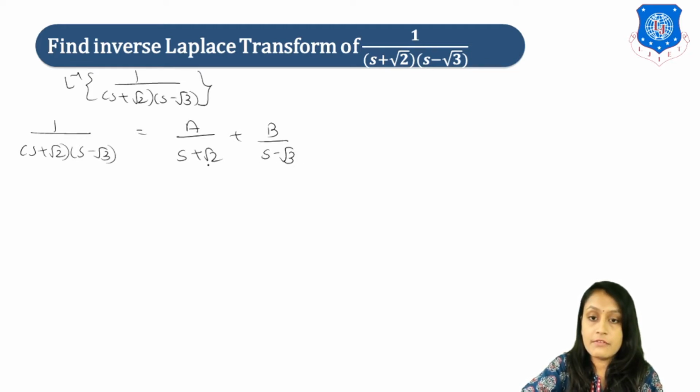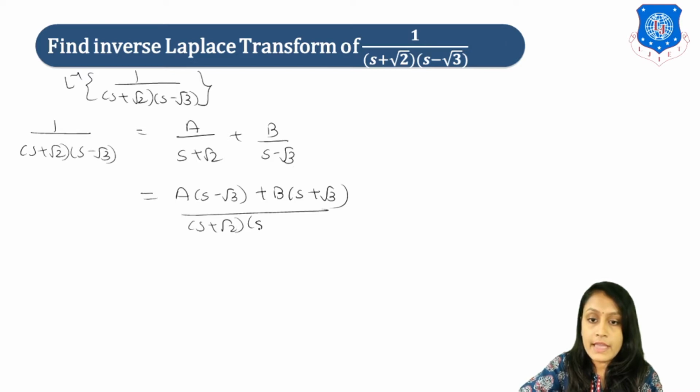As you can see, we have a linear term, so we are writing a constant above it. Now just cross multiply, so here we have A into (s minus under root 3) plus B into (s plus under root 2) upon (s plus under root 2)(s minus under root 3), and over here we have 1 upon (s plus under root 2)(s minus under root 3).